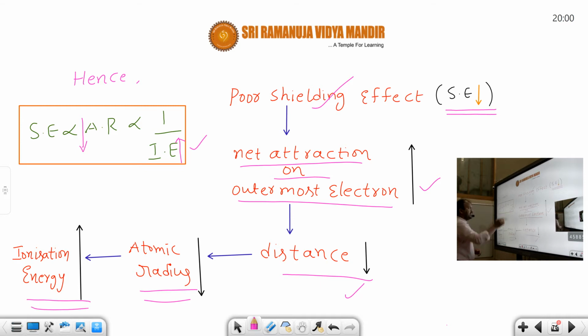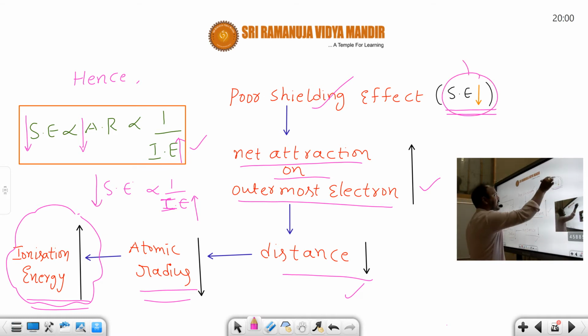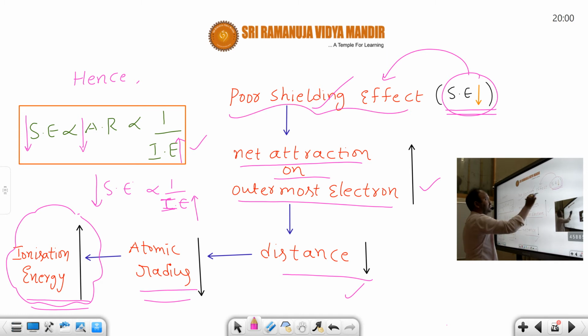So ionization energy increases, and shielding effect decreases, because shielding effect and ionization energy are inversely proportional to each other. Here ionization energy increases, so shielding effect decreases. That is what a decrease in shielding effect indicates: poor shielding effect. Have you understood, students? Good.